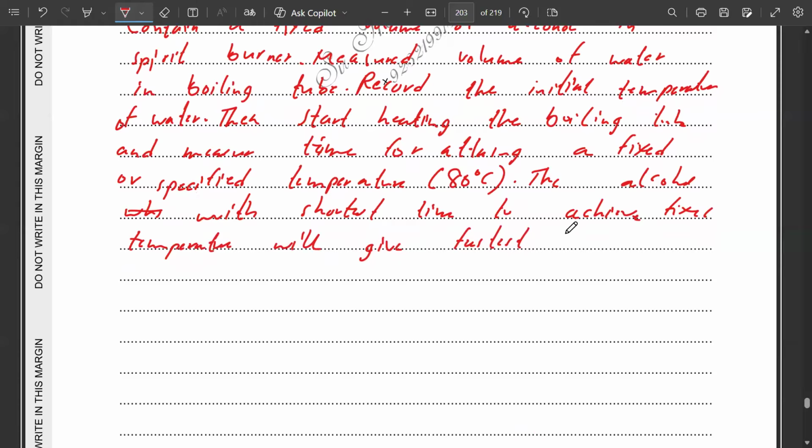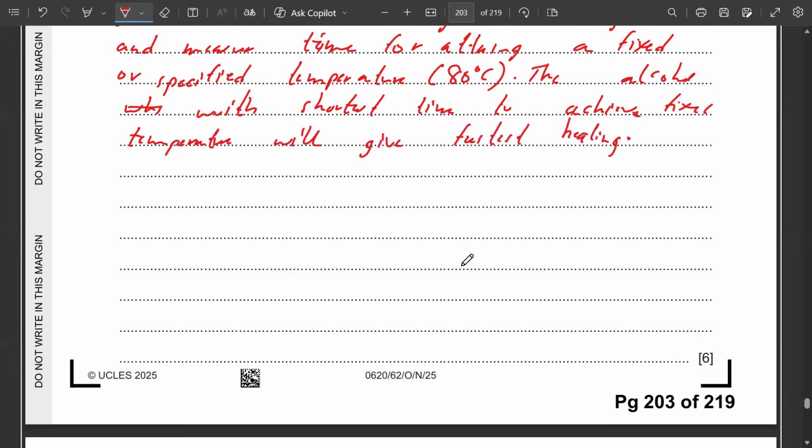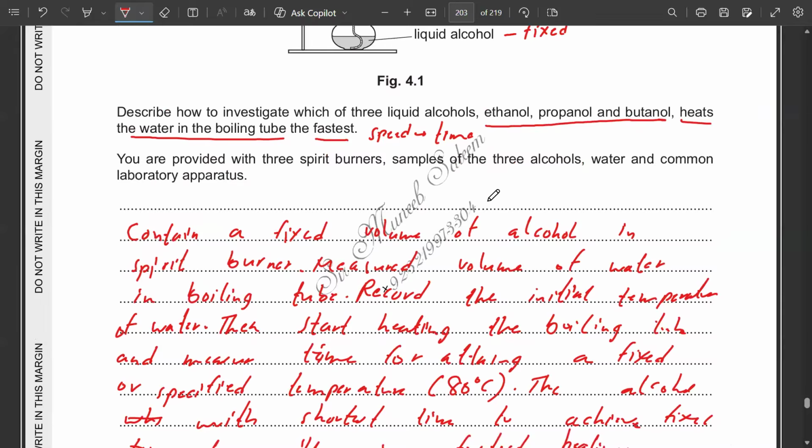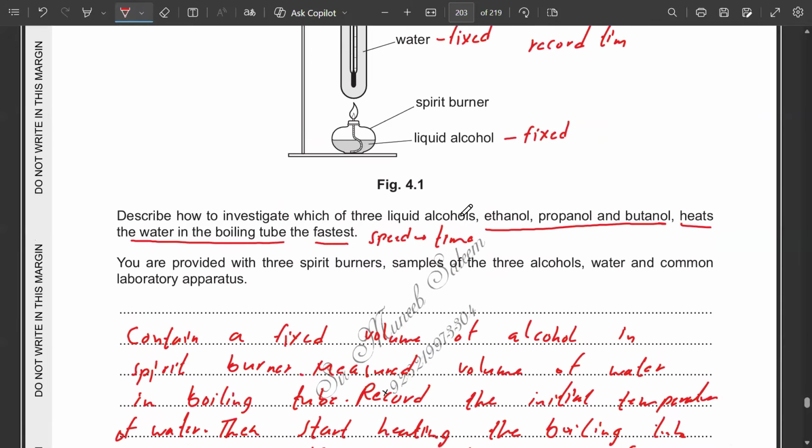It will give the fastest heating. So this is how you calculate the fastest heating of the three alcohols.